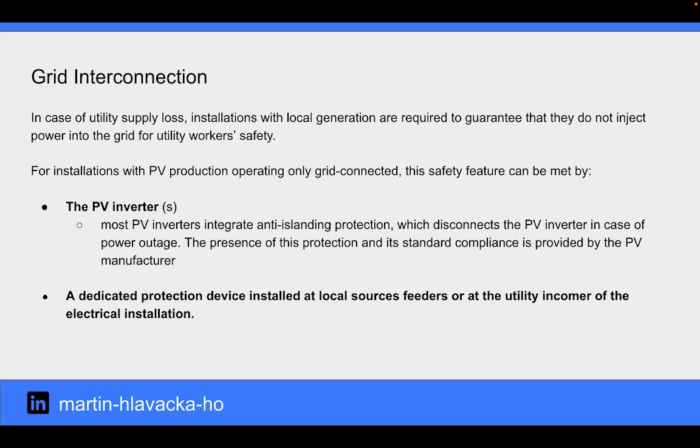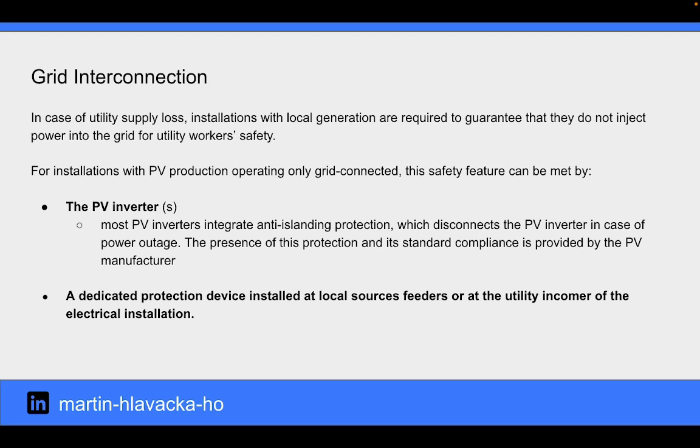In case of utility supply loss, installations with local generation are required to guarantee that they do not inject power into the grid, for utility workers' safety. For installations with PV production operating only grid connected, this safety feature can be met by the PV inverter.